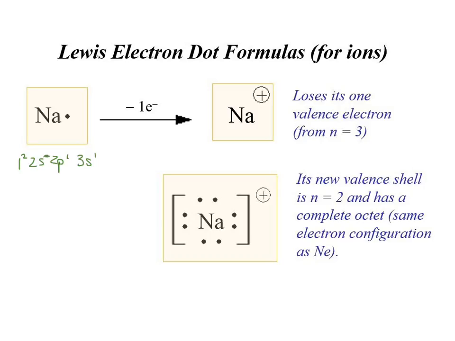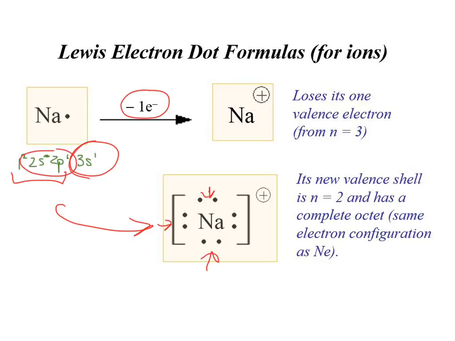So the one electron to go is this one right here. It's the valence electron. So now when we redraw this, the octet is right here. Here's your 8 from the 2s2, 2p6.